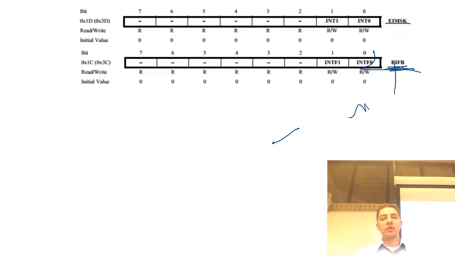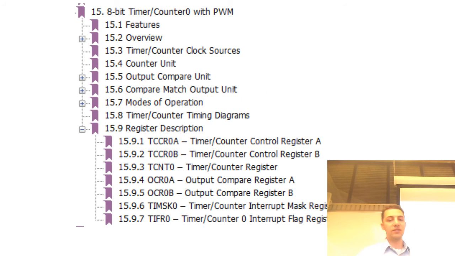Then I've got timers. The easiest way to get up to date on timers is to head over to the data sheet, because each timer gives you a register description. Quite useful to have this. If you read this stuff up here, it goes into great detail. There's probably 10 to 20 pages worth of documentation on how this works.